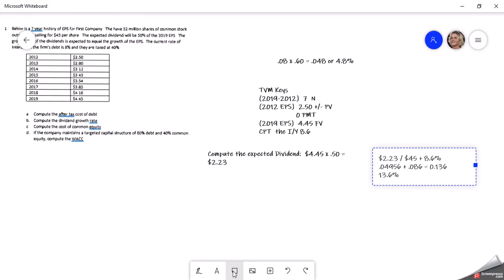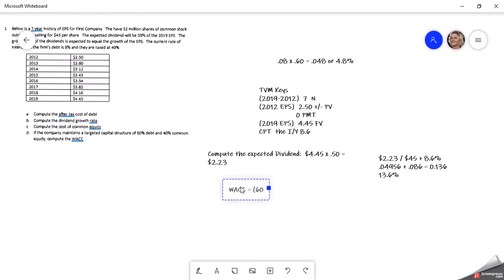Okay, then our final thing we are going to compute is our weighted average cost of capital. It is going to be our percent financed with debt, which it tells us in D that their capital structure is 60% debt and 40% equity.